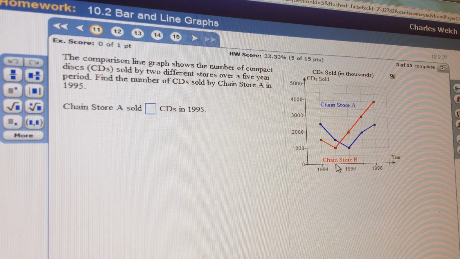So I'm going to go to 1995, and I'm going to follow that up to chain store A, which is blue. And looking at that, that comes across to right here. It looks like it's going to be 1,500. Okay, so 1,500. Let's put that in.